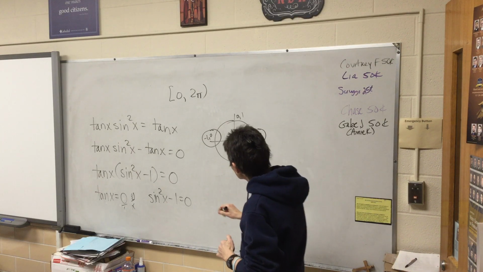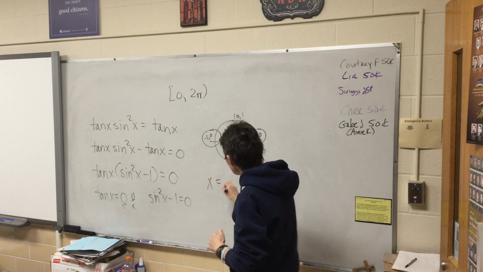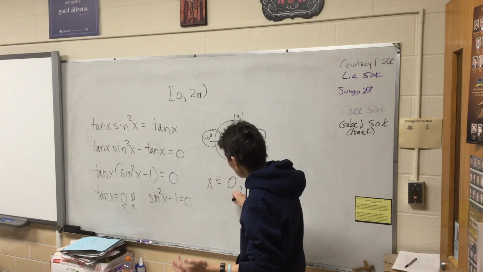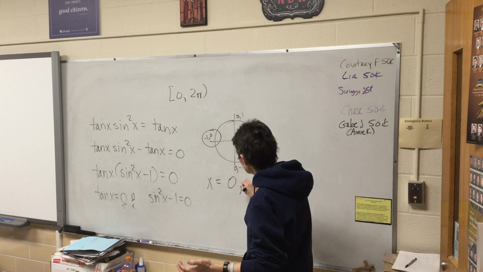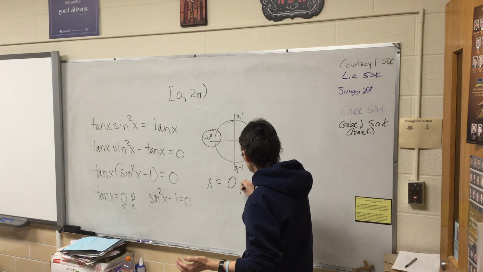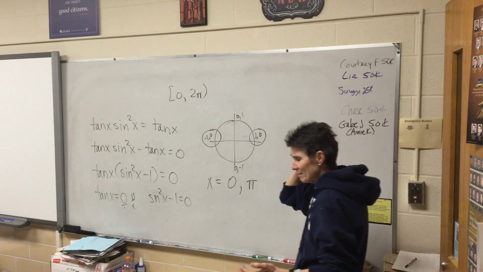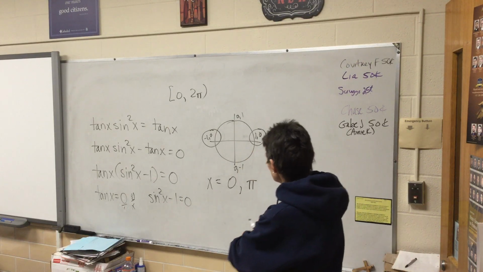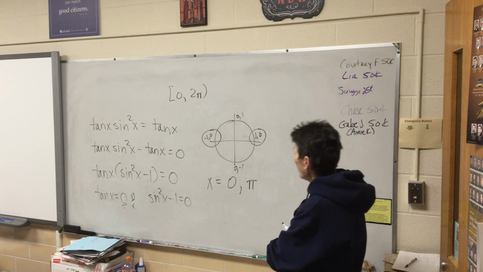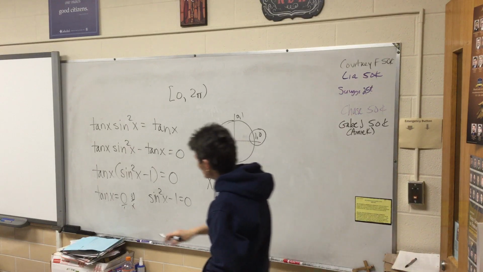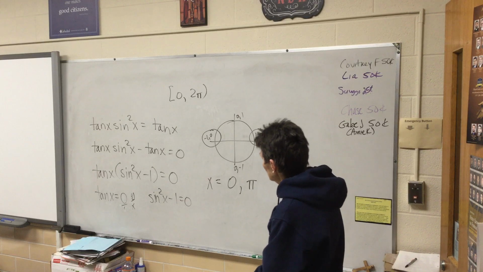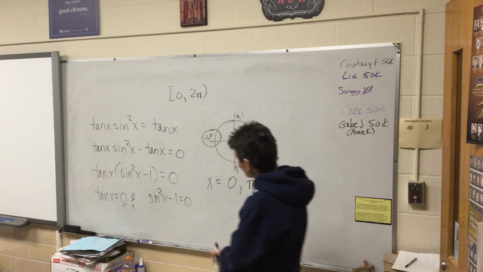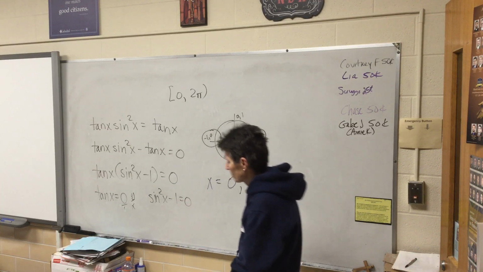Now that I'm doing it in radians, I'll have to say 0 and 2 pi. Oh, sorry, not 2 pi. Pi. Pi is 180. Right. Pi is 180. So 0 and pi are the answers to this part of the problem. All right. Now, what about this guy? What am I going to do with him?